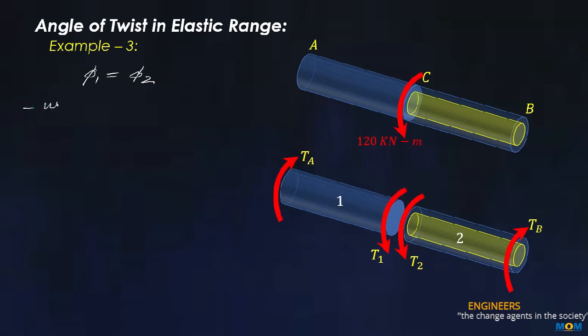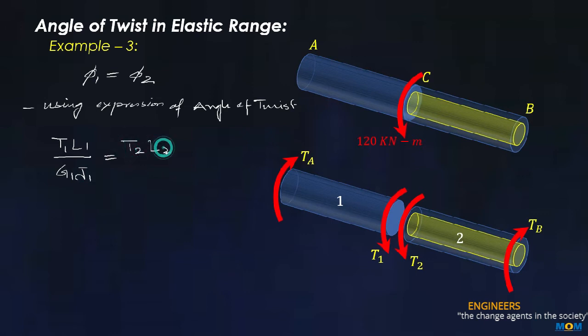Now, using the expression of angle of twist, we can write this as T1 L1 upon G1 J1 equal to T2 L2 upon G2 J2.